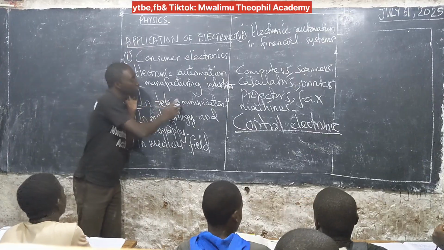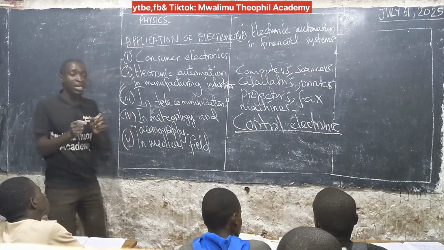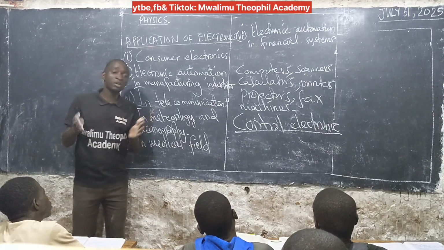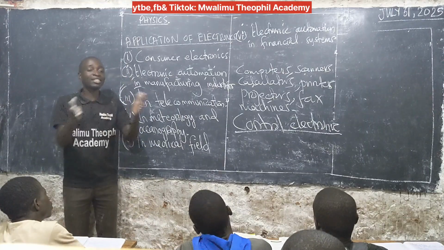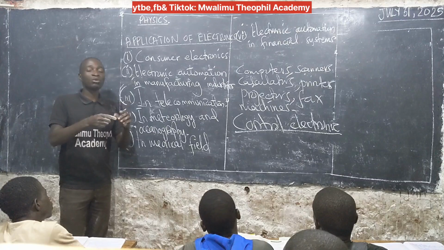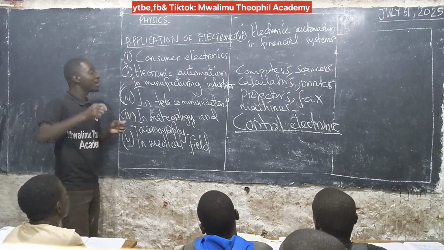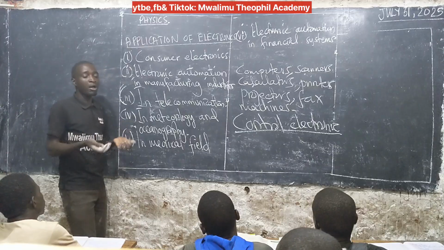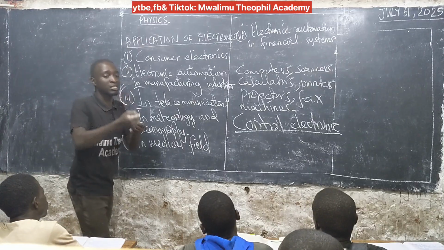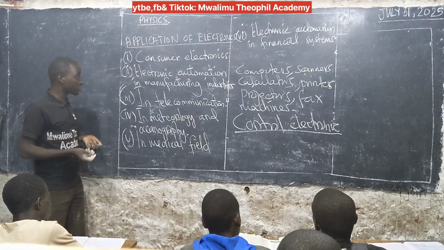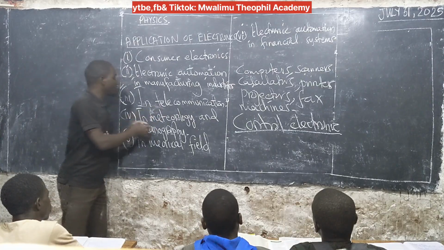Like the way mobile phones work, you can communicate with someone who is not in that area without seeing any wire conducting the information. So when we construct those devices, we should apply the concept of electronics. Are we together? Okay.